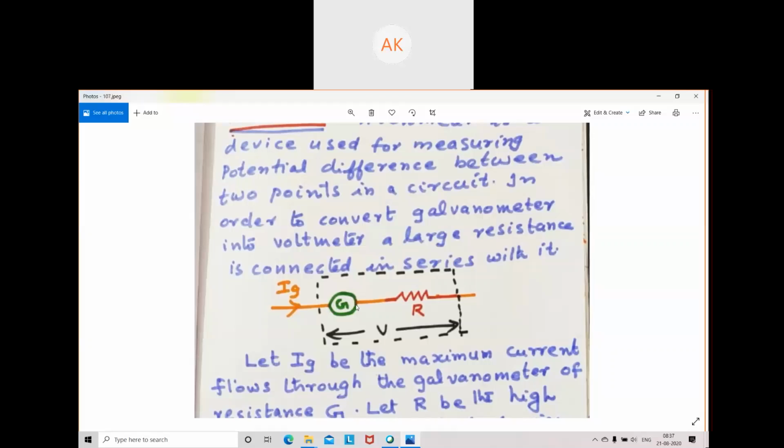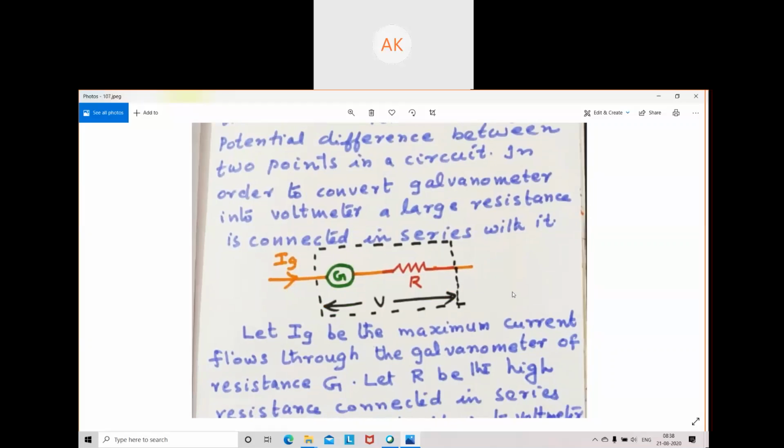When Ig current is sent through this galvanometer, it shows full scale deflection. Full scale, understood? 0 is the beginning. Suppose 10 divisions are there on it. Full scale. So when Ig current flows, it gives maximum deflection. Ig is the maximum current that flows through the galvanometer. That is the meaning. When Ig current flows, it gives full scale deflection.